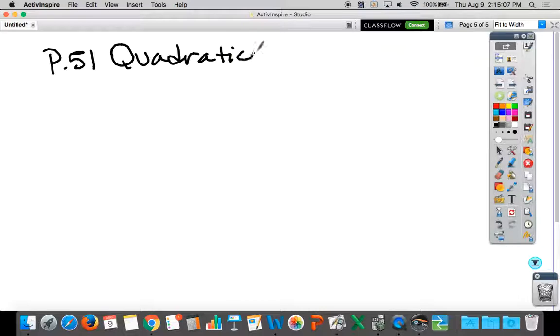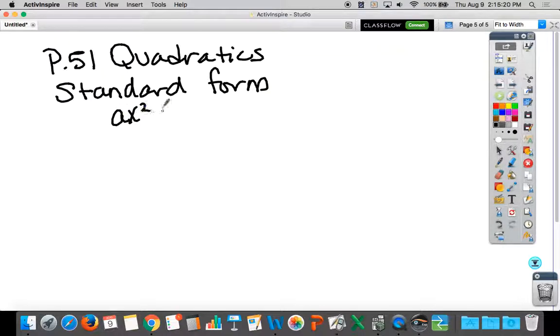Now let's go back and review just quickly. All right, we've had the standard form, which is ax squared plus bx plus c. Now this easily tells you the y-intercept.